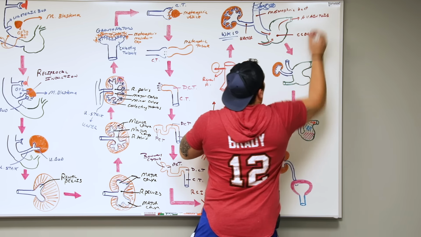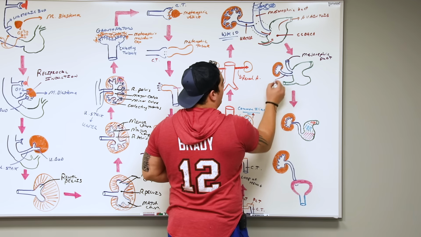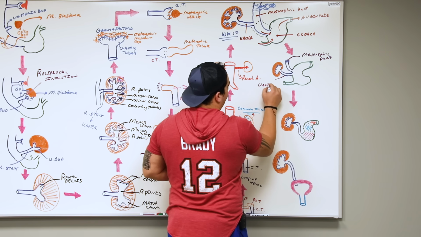What happens next is, imagine this connecting portion here, where they both empty into the cloaca. This is going to get absorbed into the cloaca. So as this gets absorbed into the cloaca, imagine this portion where they join disappears, gets absorbed into it. We're in this step here. So now if you look here, what is this structure emptying into the cloaca? The mesonephric duct. And then what is this structure over here? This is going to be the ureter.